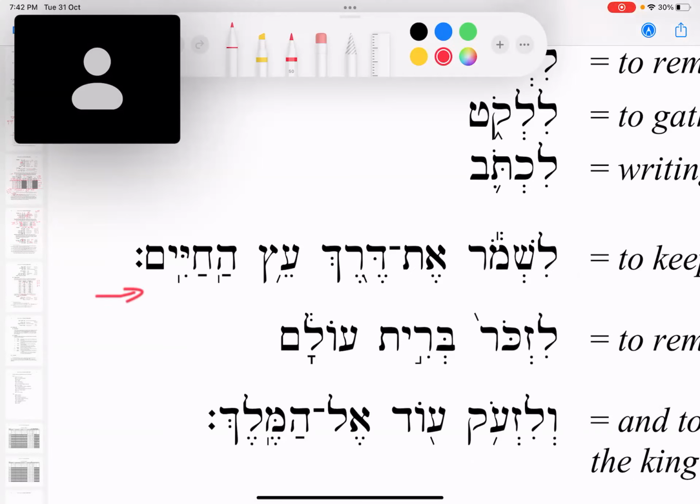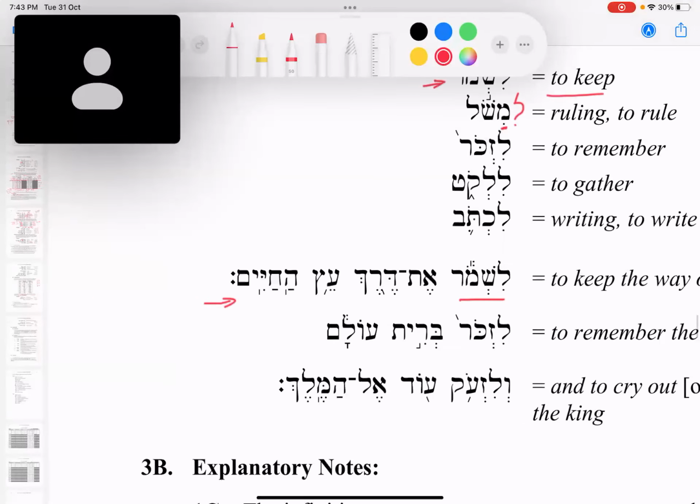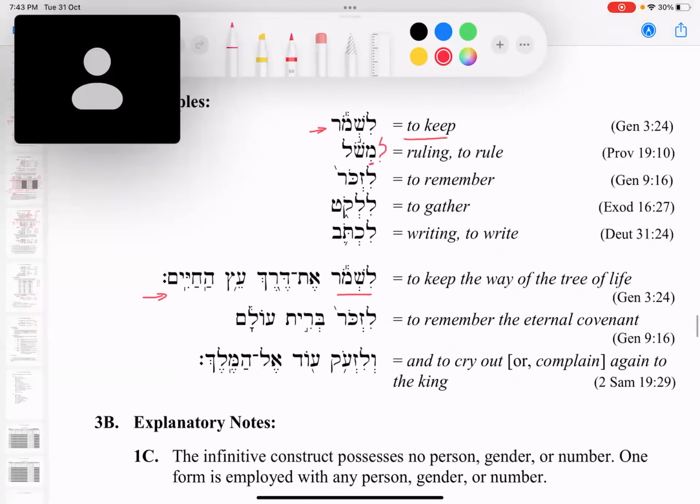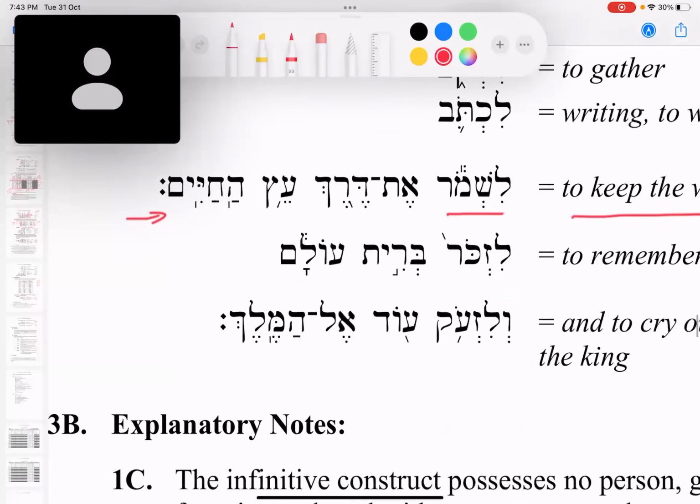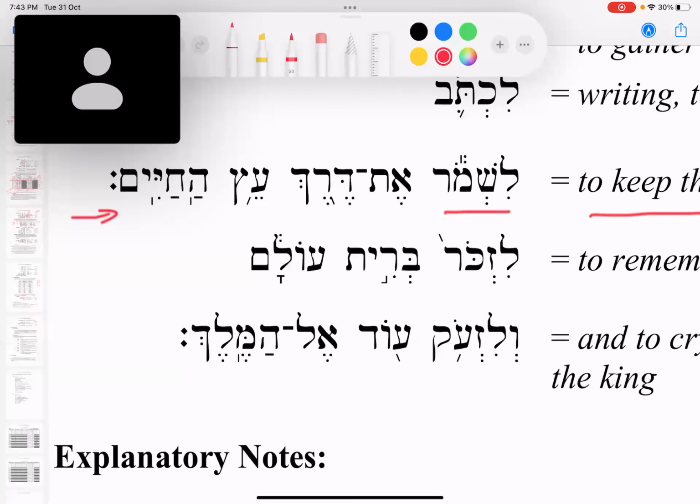Shamor means keep. Lishmor means to keep. Et derekh means the way. Etz means tree. Hachayim means the life. So, to keep the way of the tree of life. Genesis 3:24. So this is the usage of the infinitive construct. Now, second line you read.